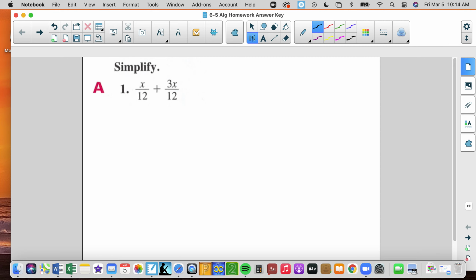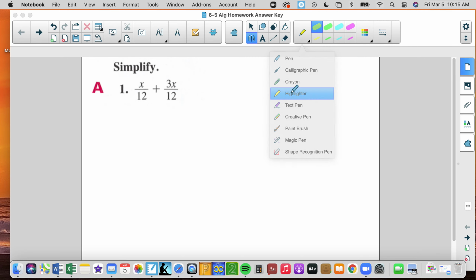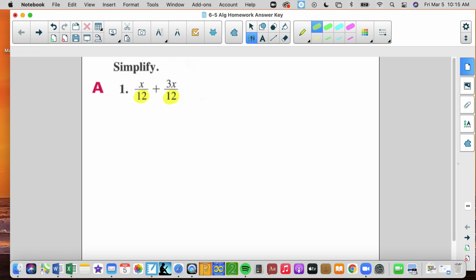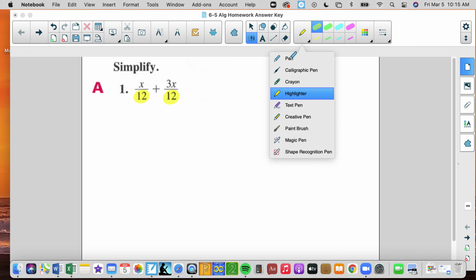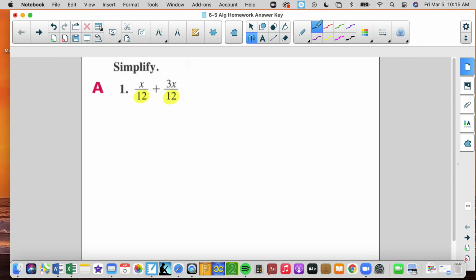So we have two fractions adding together, and we know that with any two fractions, we can't combine them until they have like denominators. And in this case, they do have like denominators, so we can combine their numerators. And this sign is always attached to that term.